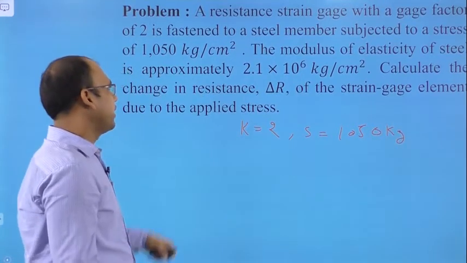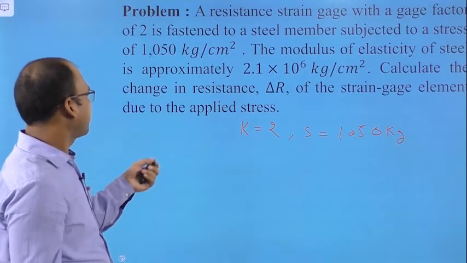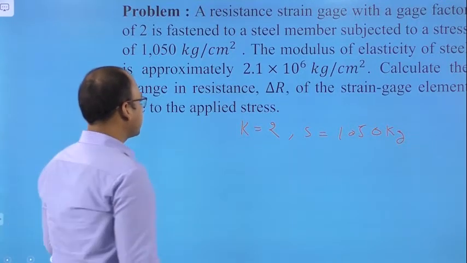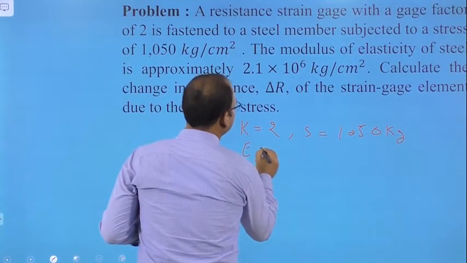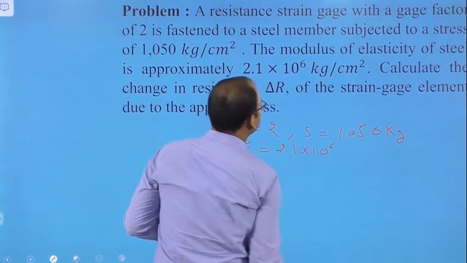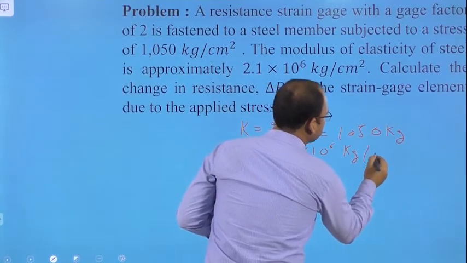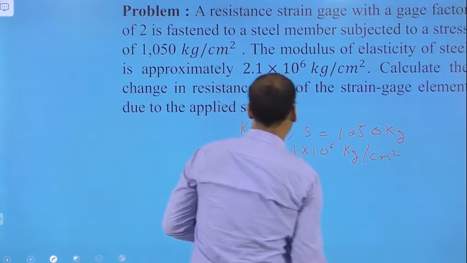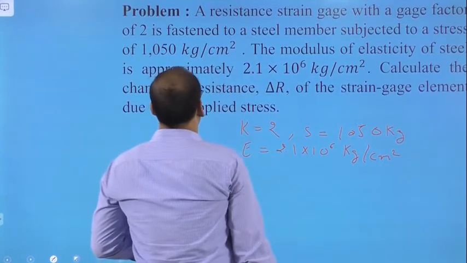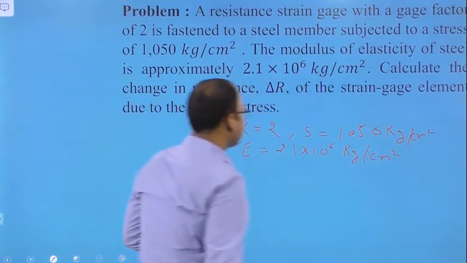And the Young modulus of elasticity of the steel is given as 2.1 into 10 to the power 6 kg per centimeter square.